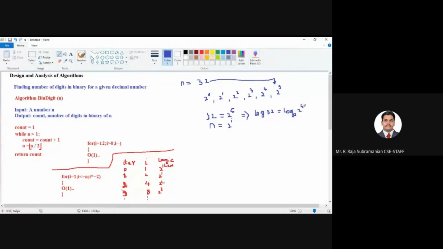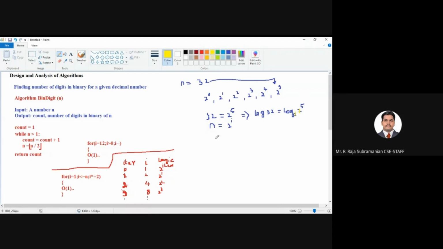The basic logarithm property is, if you take log of a value and take power, the 2 and the 2 get cancelled, and you get the result as just 5.